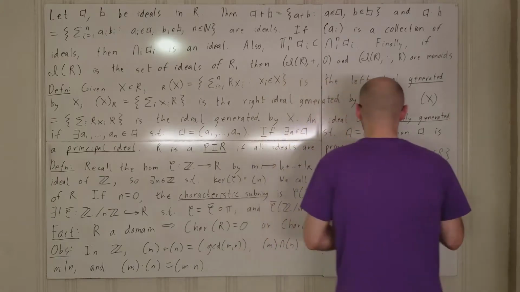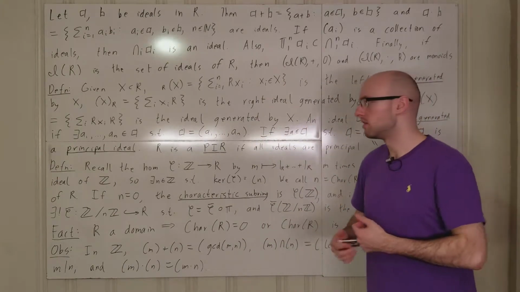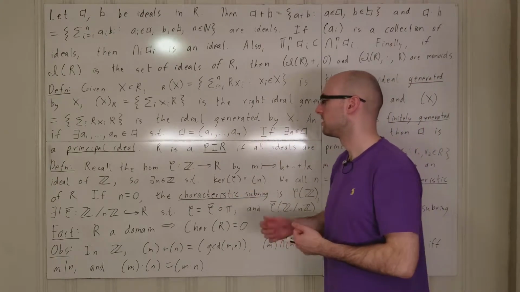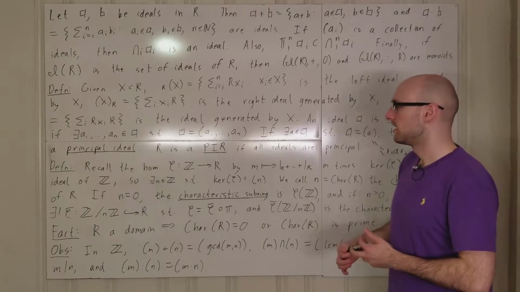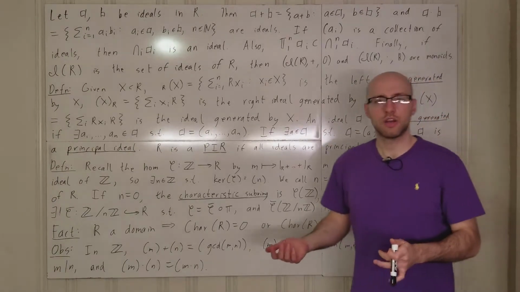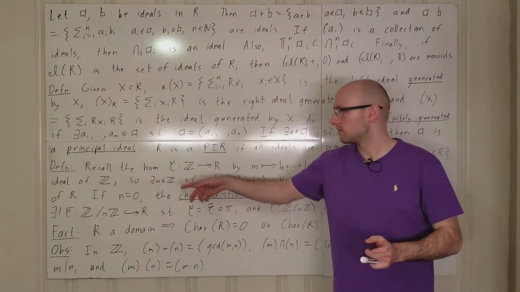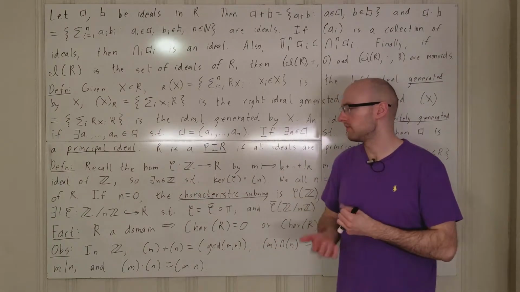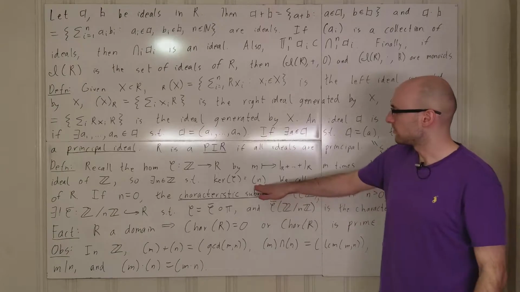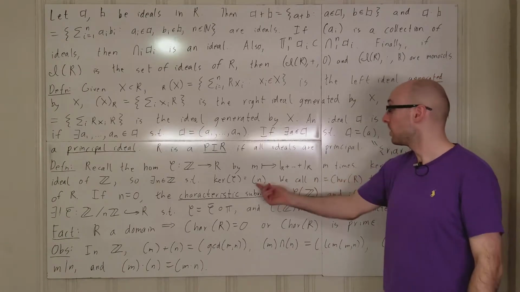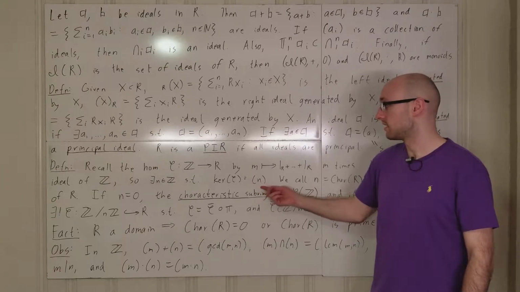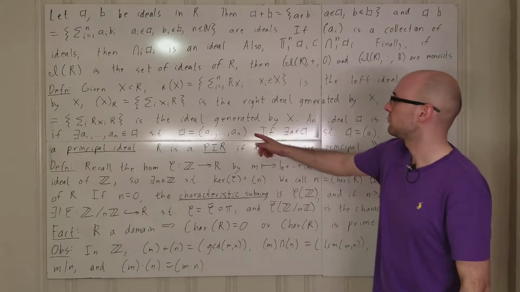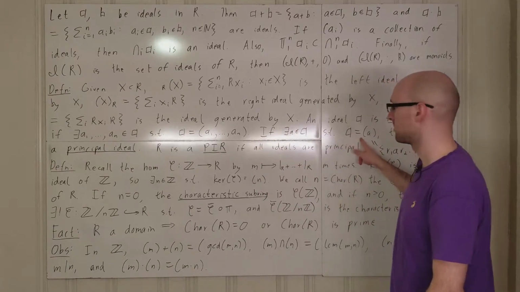So we know that the kernel of this is an ideal of Z, the integers. Every ideal in the ring of integers is generated by a single element n, and that's why we wrote this last time like this, because it coincides with this notation up here.